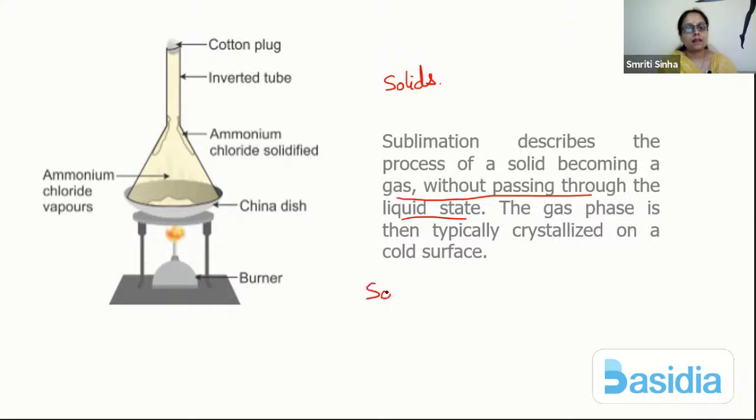In general, if you heat a solid, it gets converted to liquid, and liquid heated further gets converted to gas. But in our case, the solid is directly converted to gas without passing through liquid. Such solid compounds can be purified by the sublimation technique.